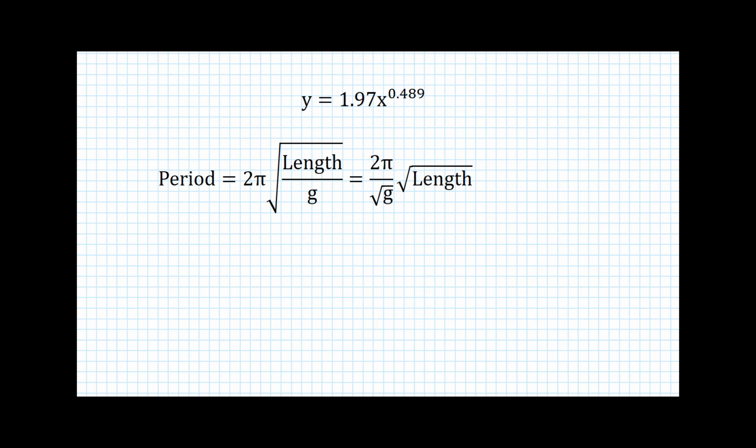I'm going to rewrite the equation as 2 pi over the square root of g, times the square root of the length. So now I can compare these two equations. All the stuff out here in front of my x has to be the same as the stuff right here.